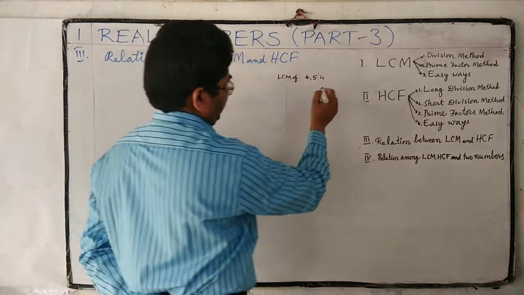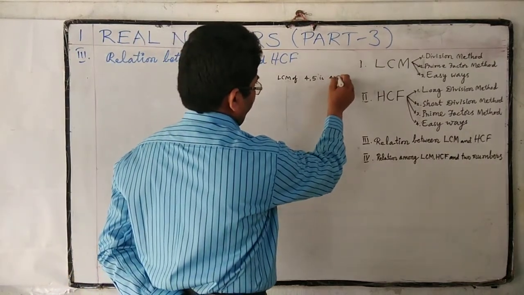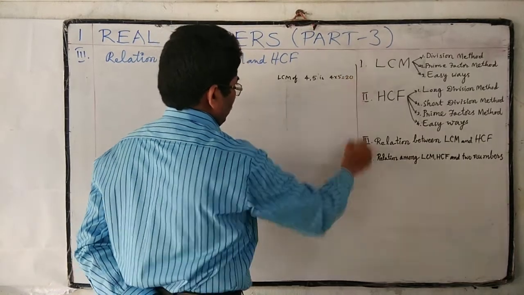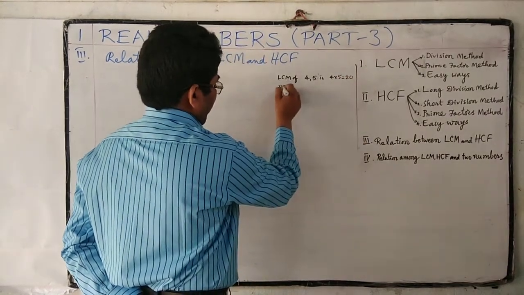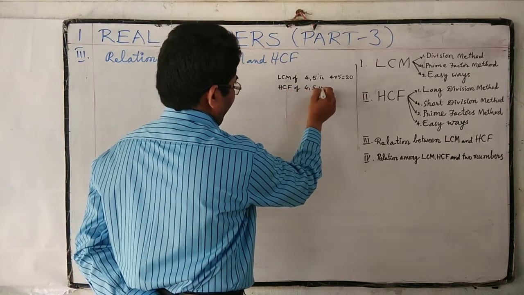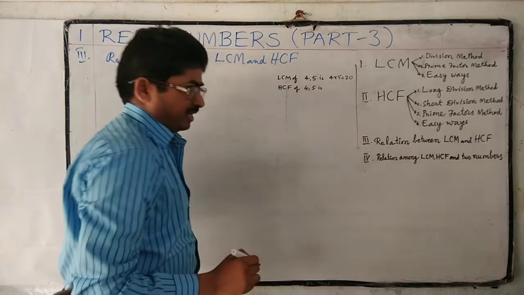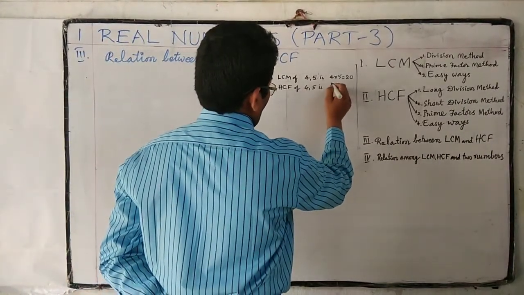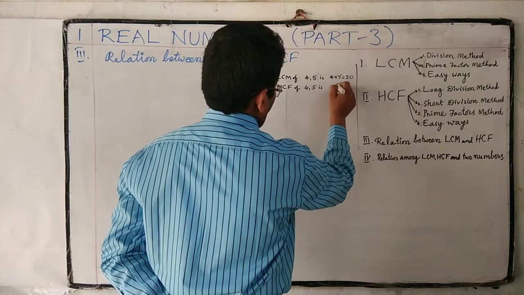LCM of co-primes is their product. 4 5s are 20. HCF of 4, 5: these are co-primes. HCF of co-primes is always 1. So 1.